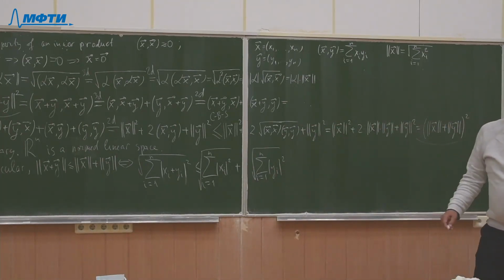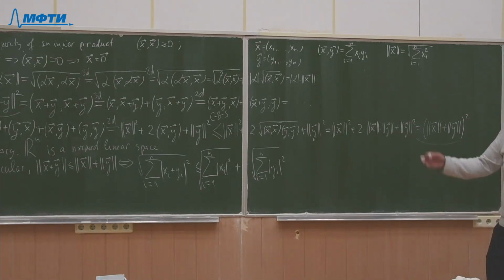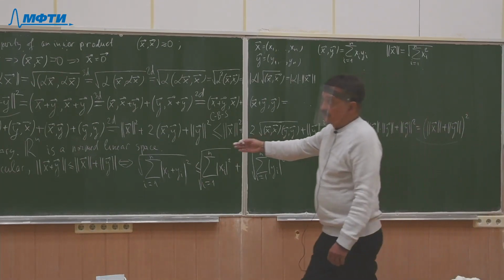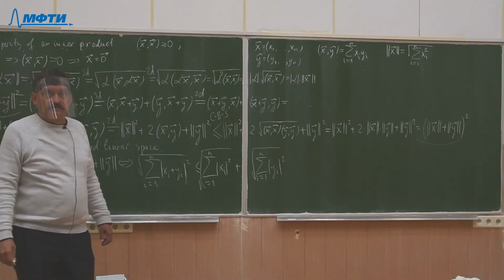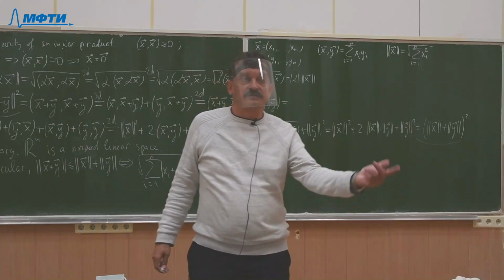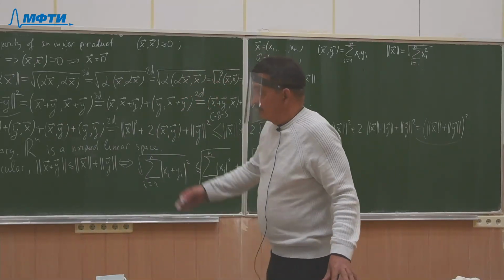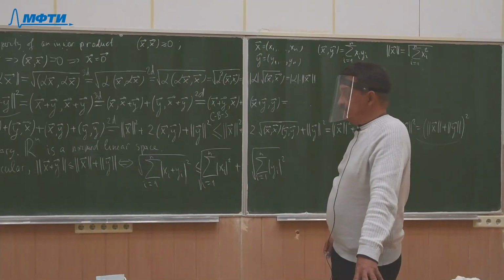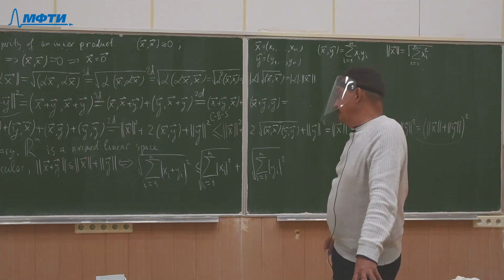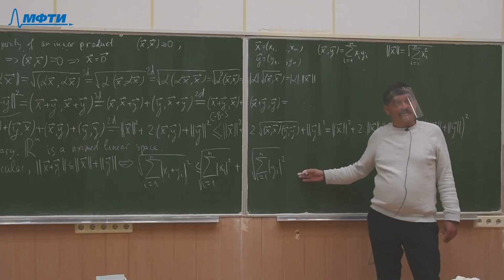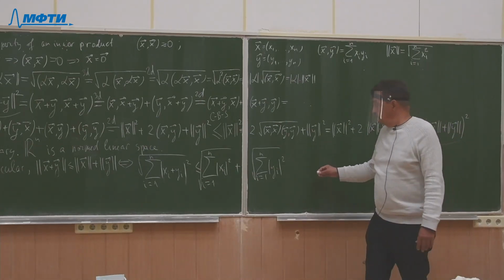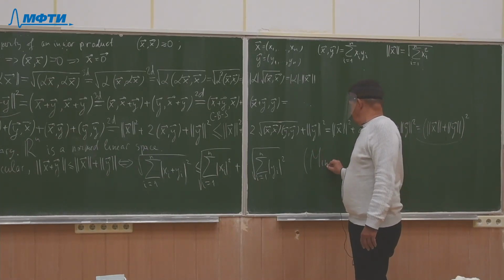That is a corollary, in fact, of the general triangle inequality, right? So we have the triangle inequality for an arbitrary Euclidean space, and in particular for Rn, this triangle inequality reads like this, and that is called the Minkowski inequality.